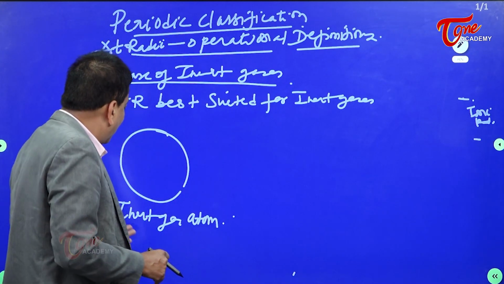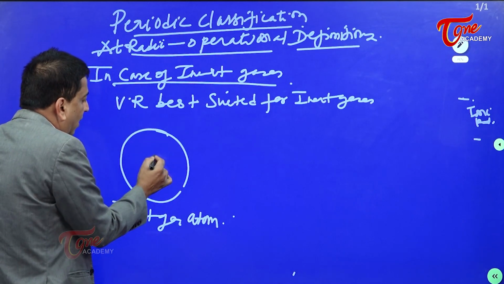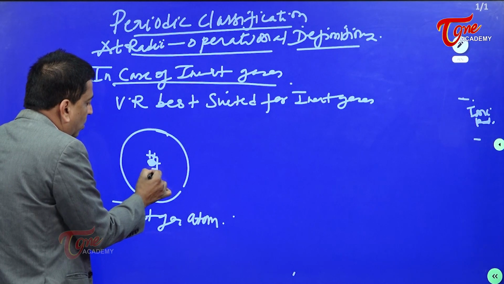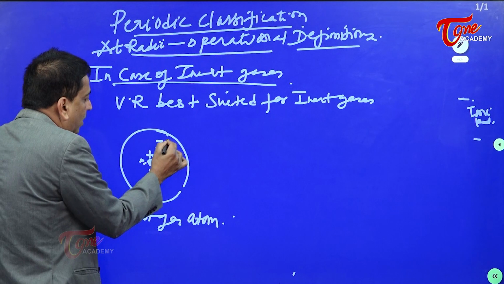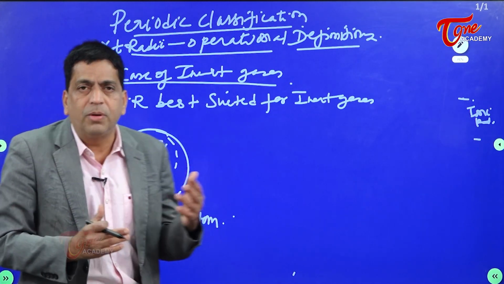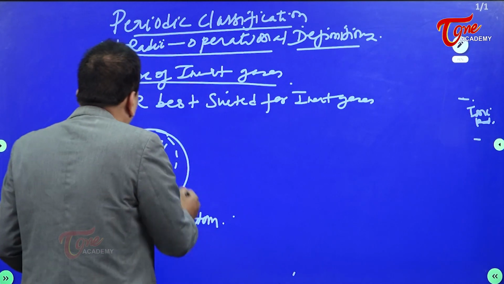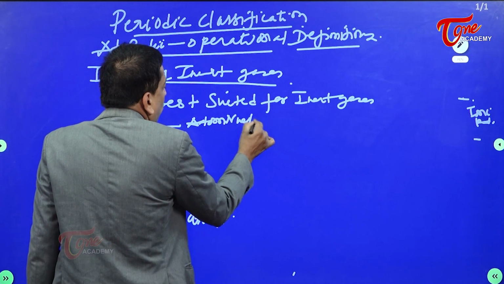So if I take an inert gas atom, here is the nucleus, and the positive charge is in equilibrium with the negative charges. Right, the positive charge is in equilibrium with the negative charge, and thereby this atom seems to be neutral.